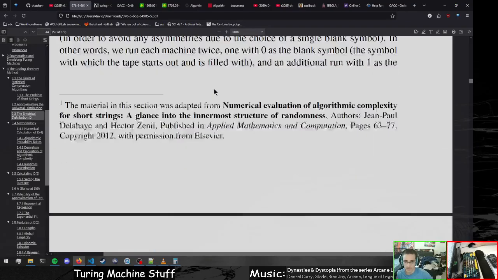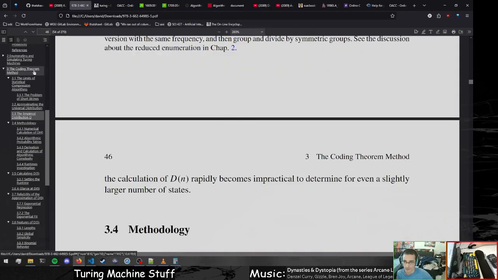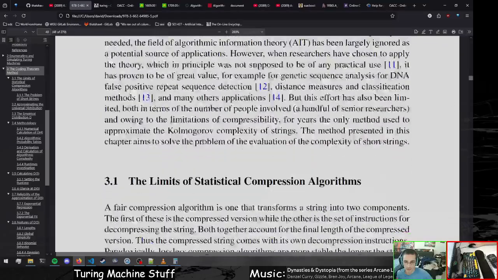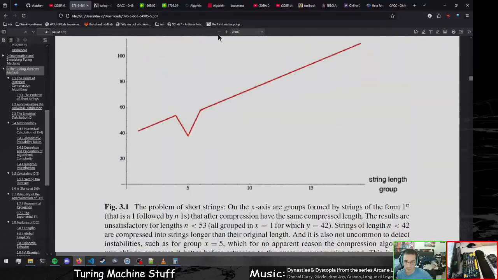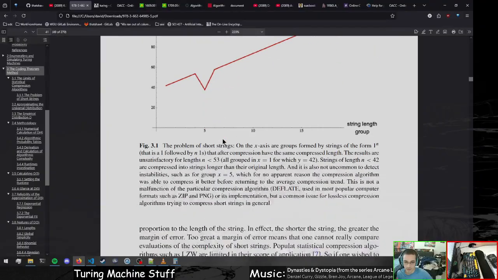Alright, because look, we can look here. Actually, no, let's go here. And compression of 1 to the n.